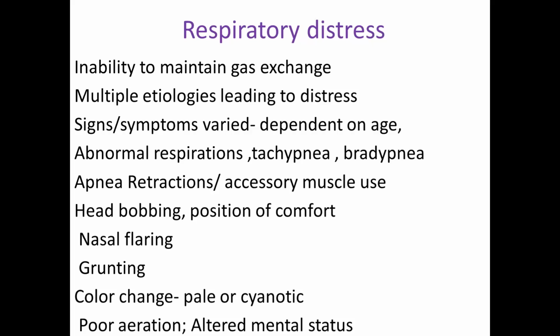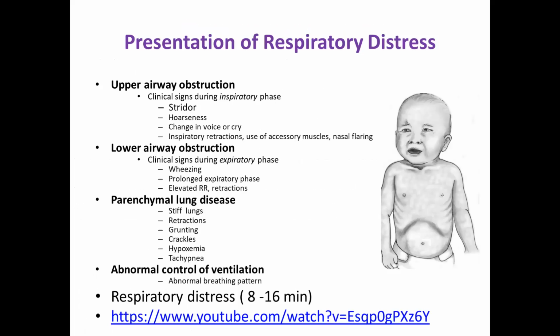It's important to provide a position of comfort. Nasal flaring, grunting, color changes, and more are from a late stage of respiratory distress, which is respiratory failure. You'll see poor aeration and altered mental status.